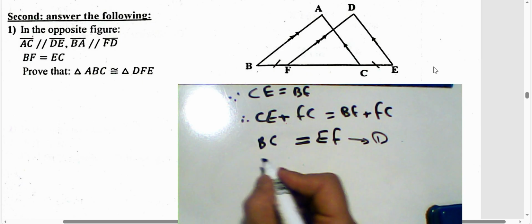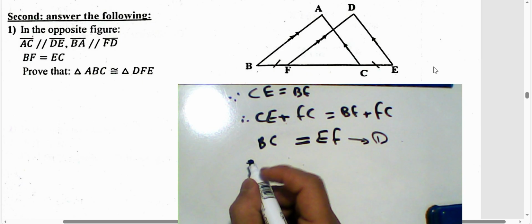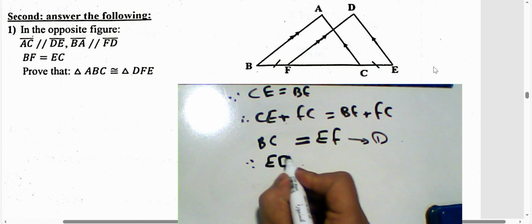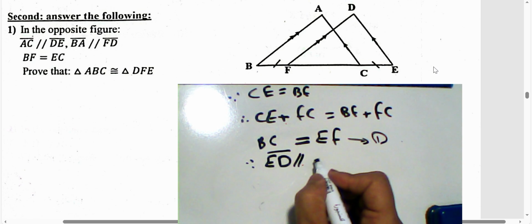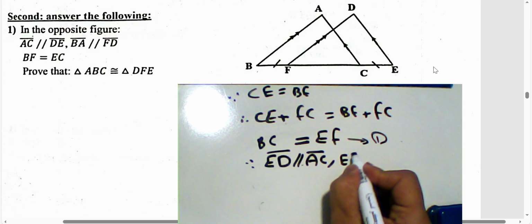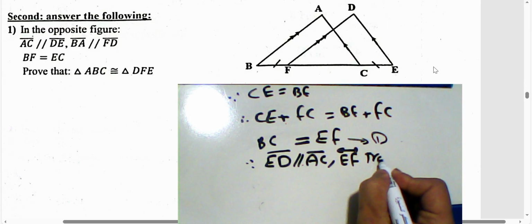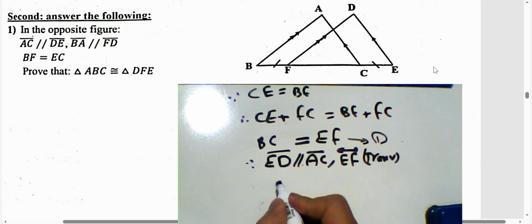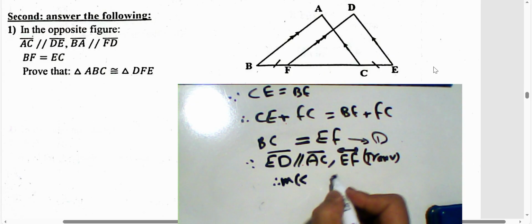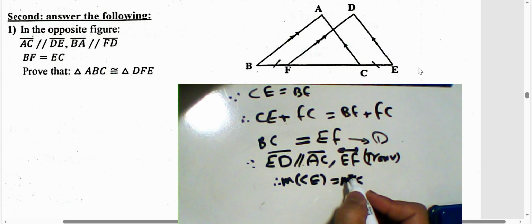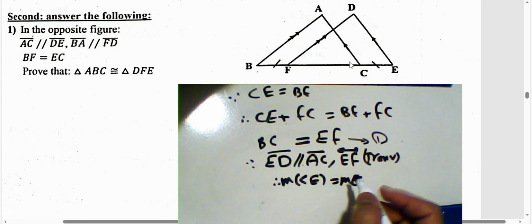And the second condition, we have ED parallel to AC, and EF is a transversal of them. Then the measure of angle E equals the measure of angle ECF.